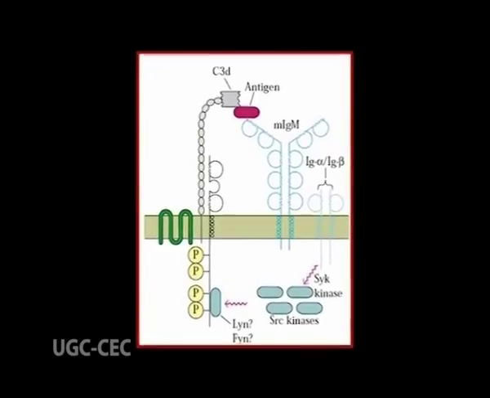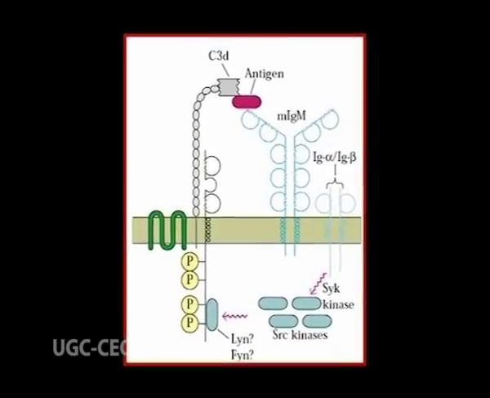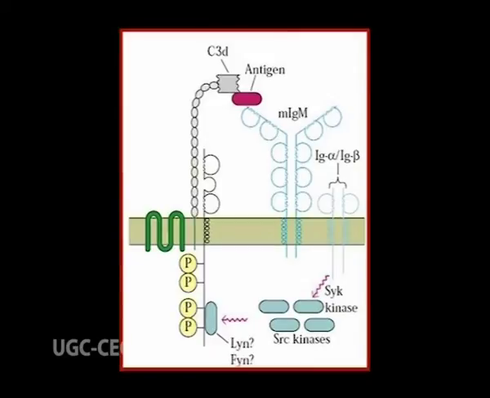These two molecules, together with surface immunoglobulin, form the B lymphocyte antigen receptor complex. In addition, many polysaccharides activate complement by the alternate pathway and generate C3d, which binds to the antigen and provides second signals for B cell activation.